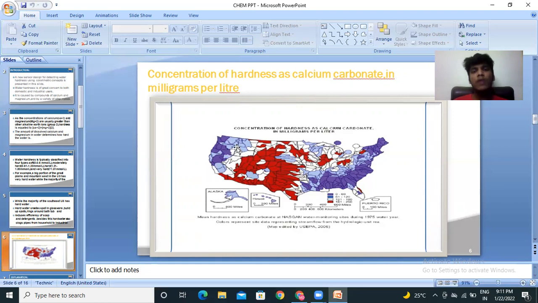The concentration of hardness of the water is 121 to 180 in this white colored area, and then the concentration of hardness of the water is 181 to 250, which is maximum, in this red colored area, you can see over here.